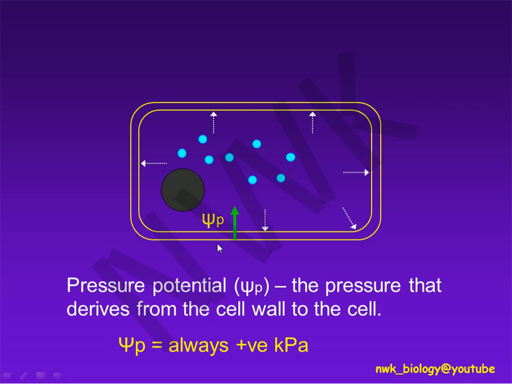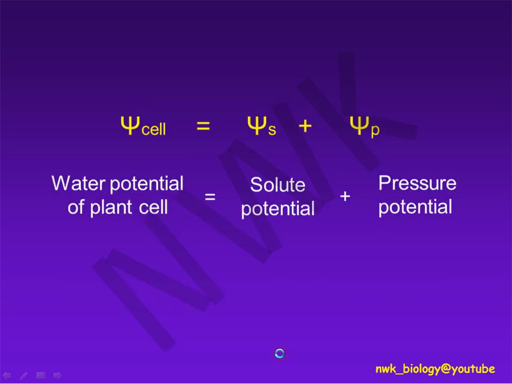Since the pressure potential is in the opposite direction, the pressure potential is always a positive value. So by this, I can summarize the three formulas in an equation. The water potential of a plant cell is always equal to solute potential plus pressure potential.